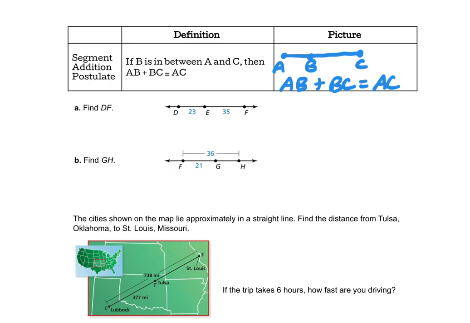Once again, I didn't put a symbol above it, because we're talking about the length of AB, the length of BC, so this piece plus this piece equals the entire piece. With numbers, if the length of this one is 2 and the length of this piece is 5, I could say 2 plus 5 equals 7. So the 2 smaller pieces add up to equal the big piece. That's what we call the segment addition postulate.